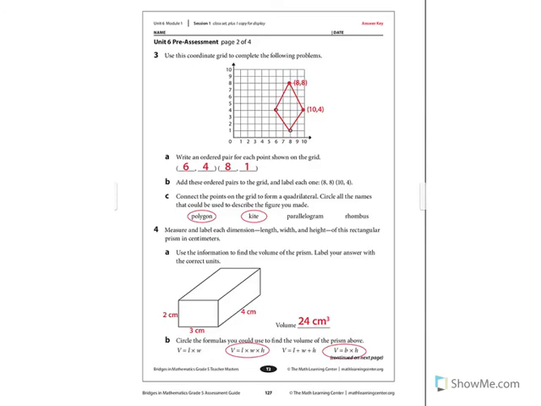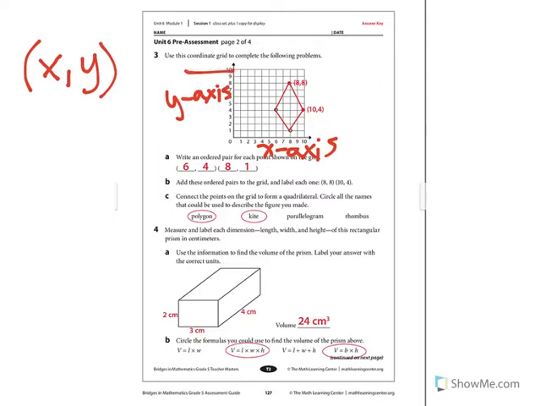Moving on to page 2. Use this coordinate grid to complete the following problems. To use a coordinate grid, I need to remember that coordinate grids are graphed by x along the x-axis and vertically the y-axis. Those are the things that I would be thinking ahead when I see a coordinate grid. Now, it says, write an ordered pair for each point shown on the grid.